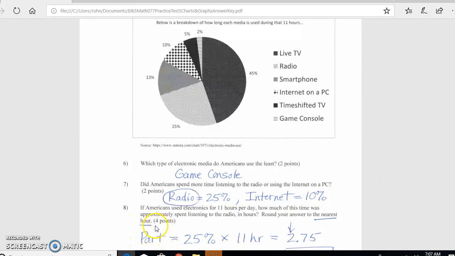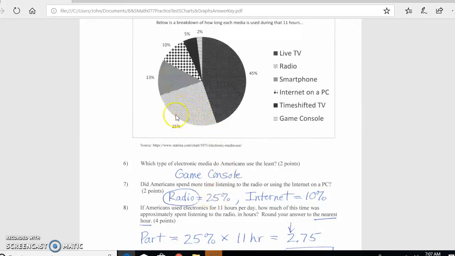This is a part problem, and so we are looking for the part of the day that is spent listening to the radio. And so we can use our formula for part, which is percent times the total.